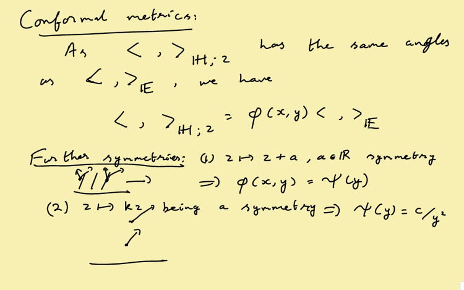Namely, if this has length 1, this has Euclidean length k, but the hyperbolic length should be equal. That can only happen if we scale the hyperbolic norm by a factor of 1 over y, sorry, over the Euclidean norm, to cancel the fact that things have expanded. So the y squared comes for the inner product.